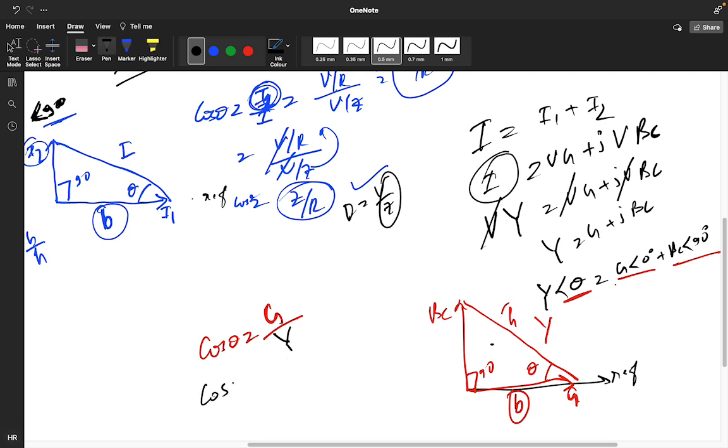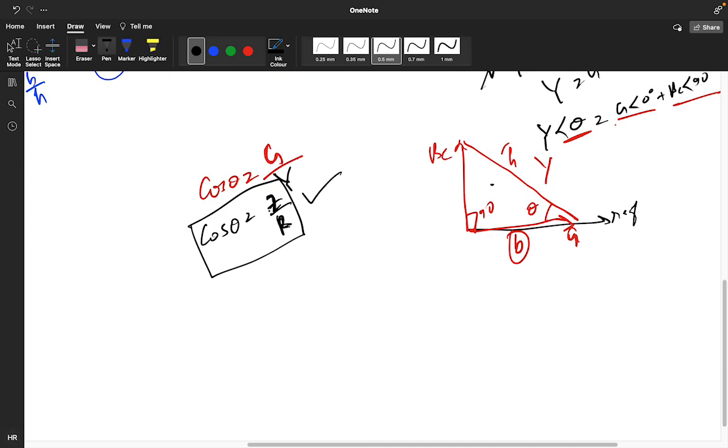If you solve this, the magnitude of G is 1 by R, and Y means it will go upside, Z only. We are getting cos theta is equal to Z by R only. Okay. So we are getting G plus J BC.